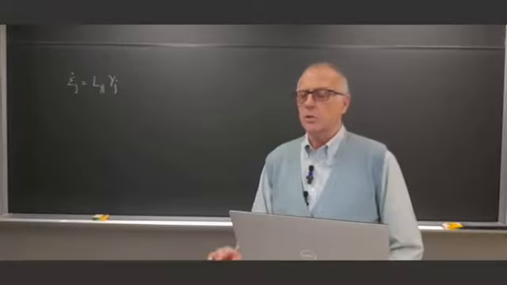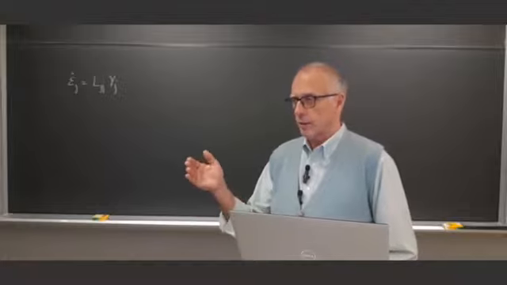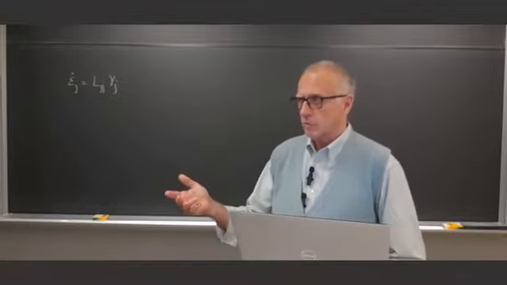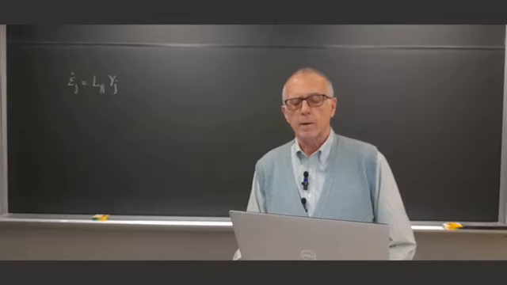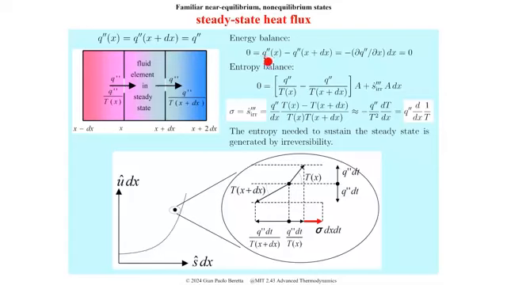I'm using here the notation of heat transfer. So Q double prime is the typical notation for heat flux. And then we have the heat flux at x plus dx. You may recognize this as the increment of the function Q double prime, which is a function of x. So this is the partial of Q double prime with respect to x times dx. And it is equal to 0.